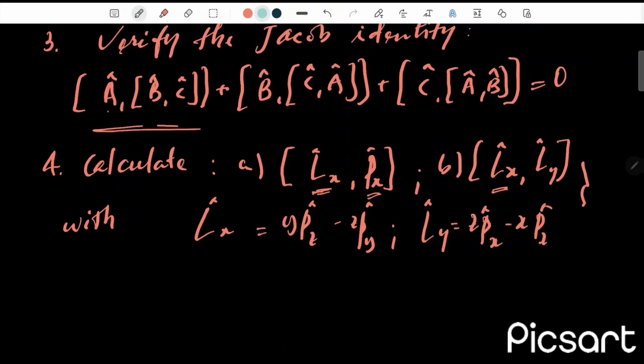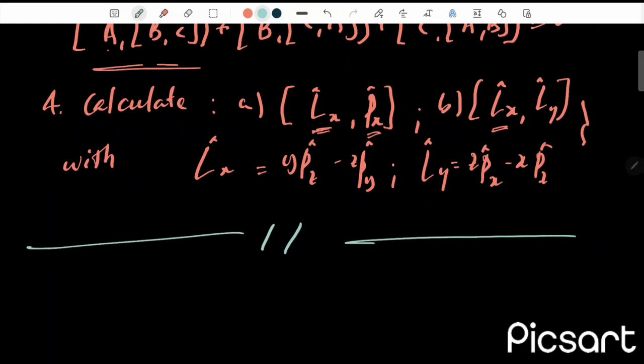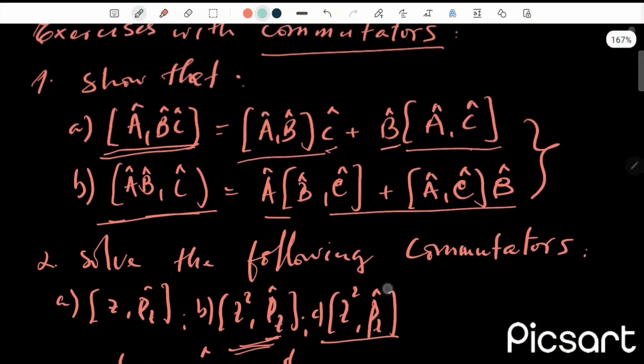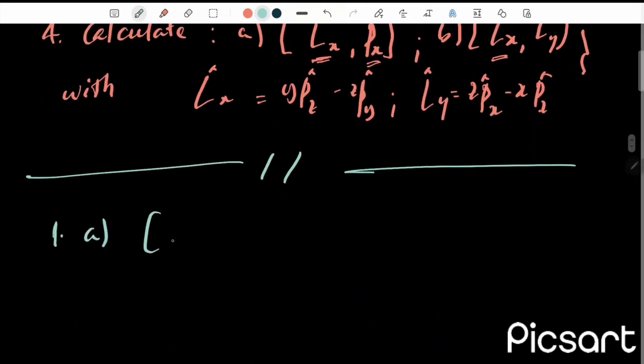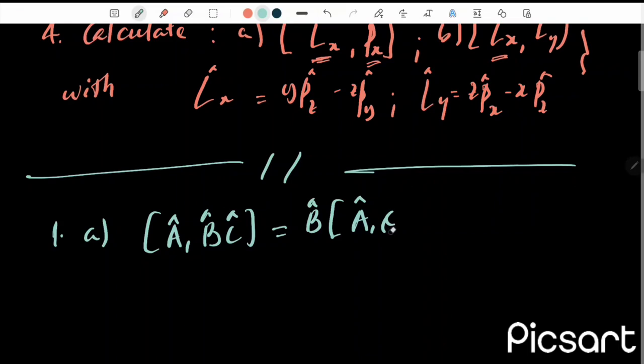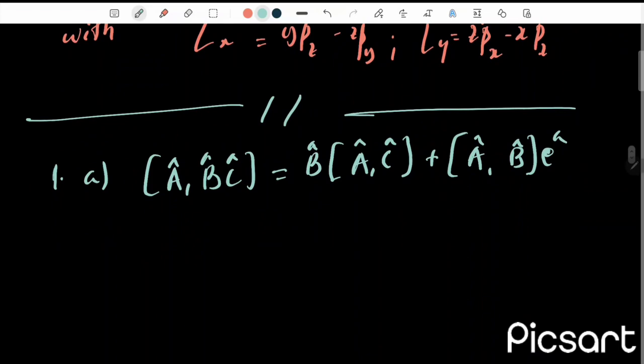Then we will start solving the first exercise, A. We want to show that the commutator of operator A with BC is equal to B times the commutator of A and C plus the commutator of A and B times C. To solve this, we will start with the definition of a commutator.